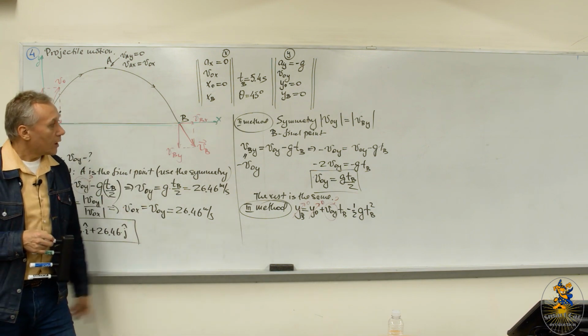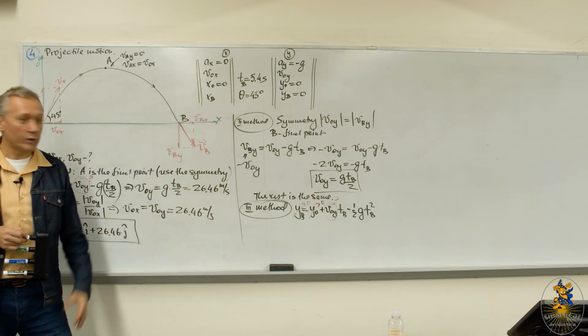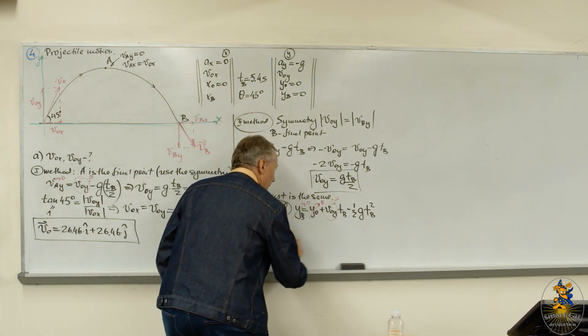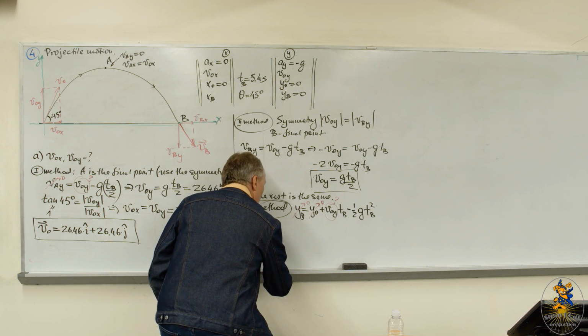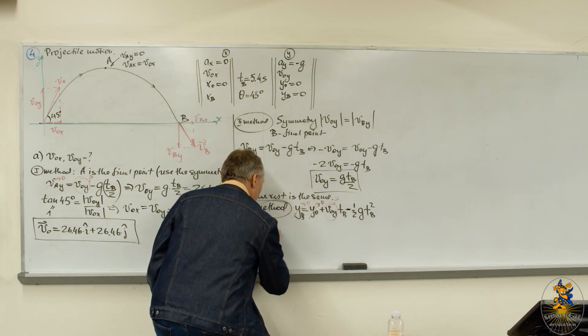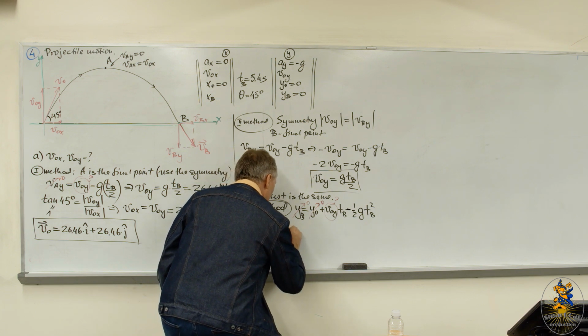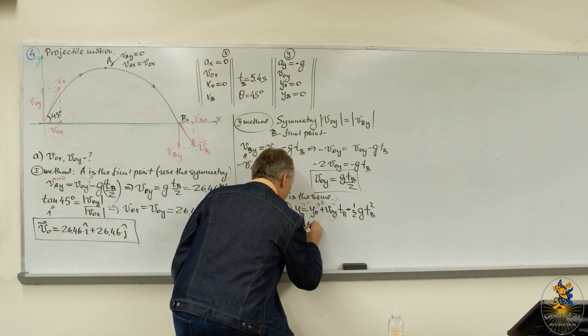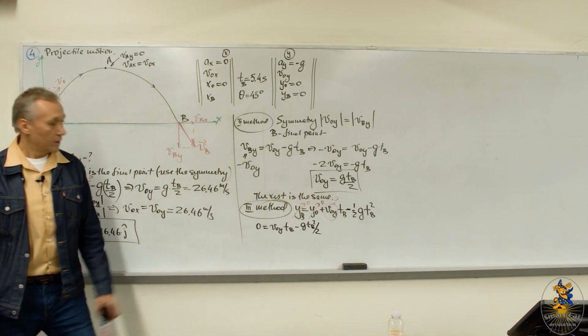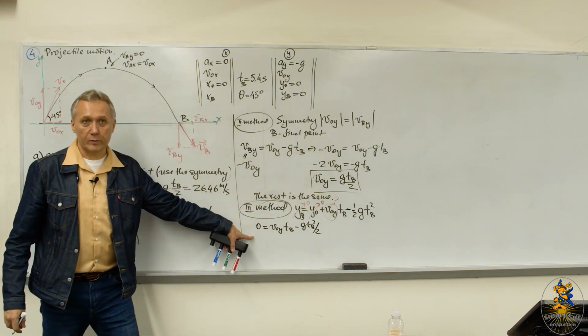So let's solve it. t_B can be cancelled on both sides, because now over here we have zeros. Let me write. So from here we can get 0 equals v naught y t_B minus g t_B squared over 2. If I move this to that side, it will be with minus.